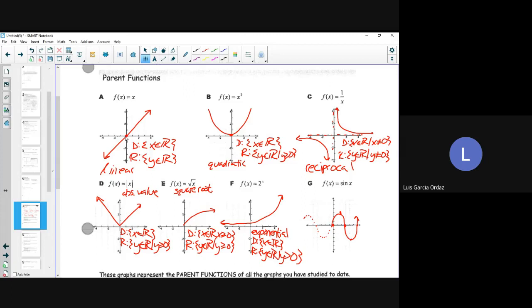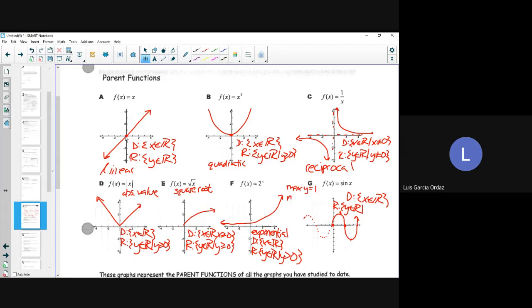And for sine, obviously the domain is x is an element of all real numbers, okay? However, what would our range be for the sine graph? So what's the highest point in a regular sine graph? The highest y value? Max is 1.